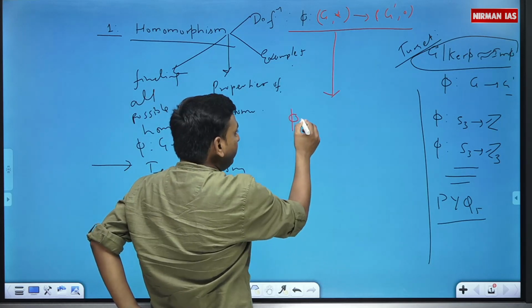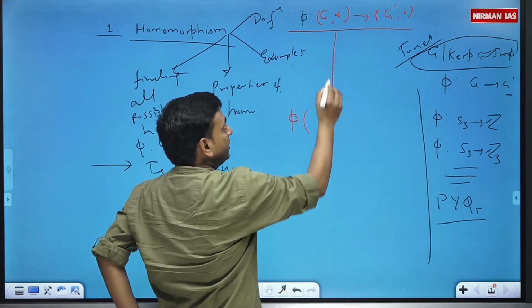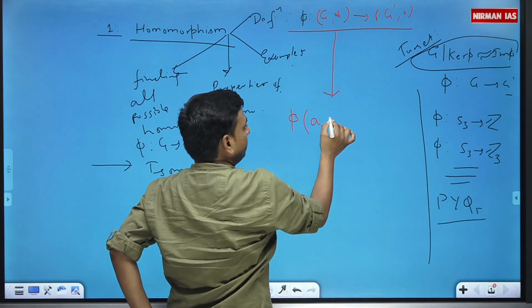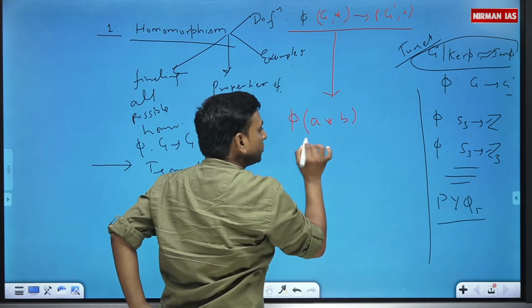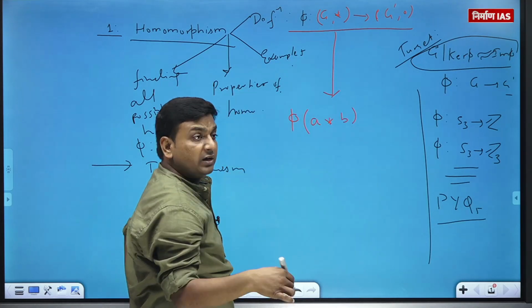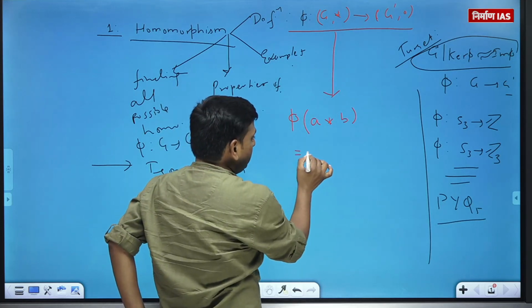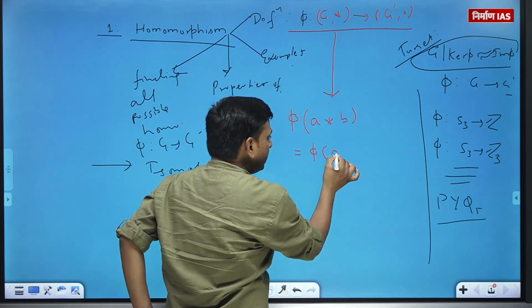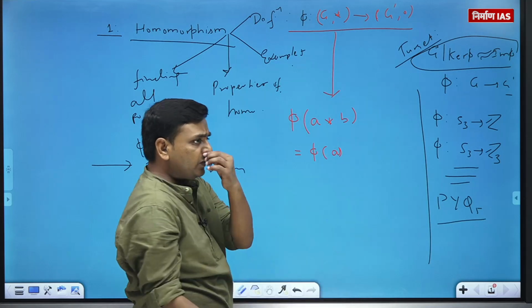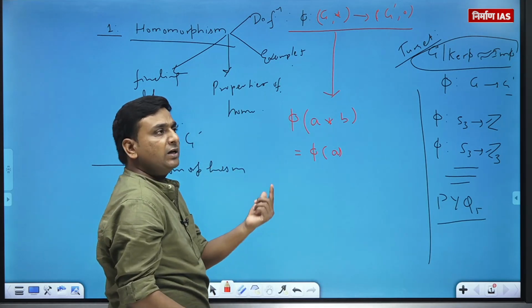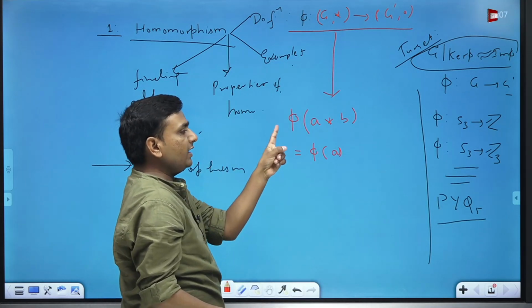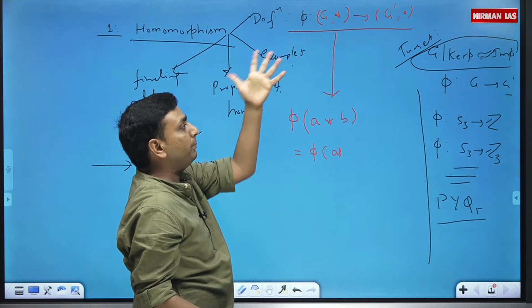It means if I apply the composition between two elements of G, then it must be the same as the composition applied between the images of a and b under the map phi.